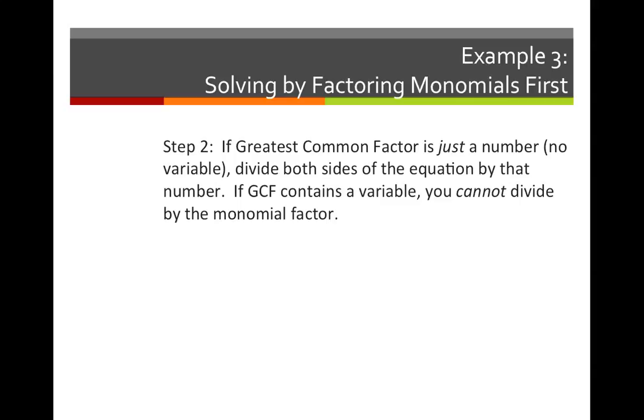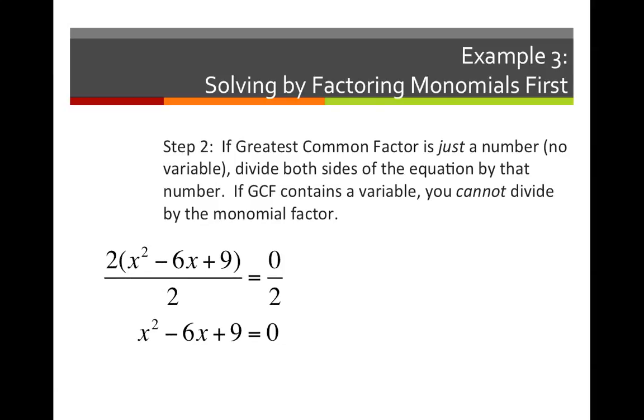Now if the greatest common factor has a variable in it, then we cannot do this step. We have to leave it out in front as one of the factors. But when it's just a number, as in our case, we can divide both sides by 2, and that simplifies what we're working with, because the right side of our equation is still 0 divided by 2, which stays 0.